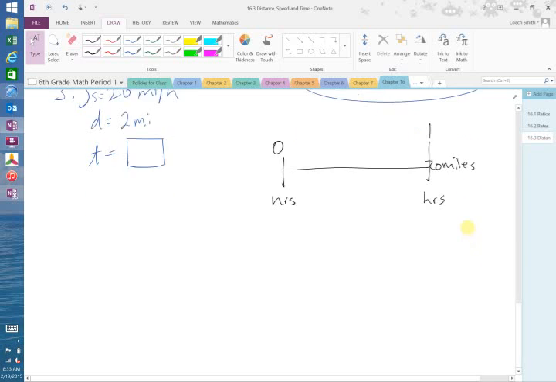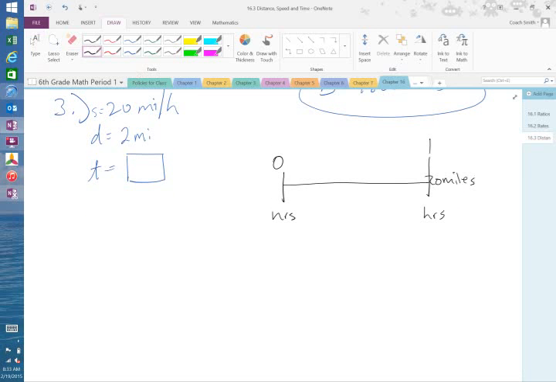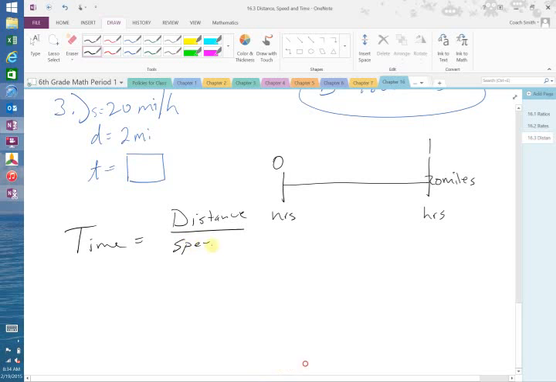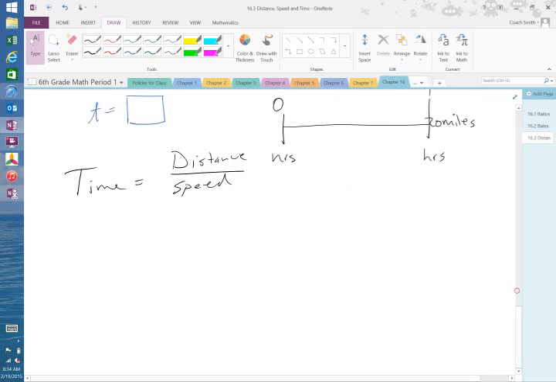Okay? So, what is our formula for time? Time is equal to what? Yep. Time is equal to distance divided by speed. Now, this one's a little harder because you're going to end up with fractions. And I know how much y'all love fractions. So, T equals, what is the distance that I traveled? 2 miles.